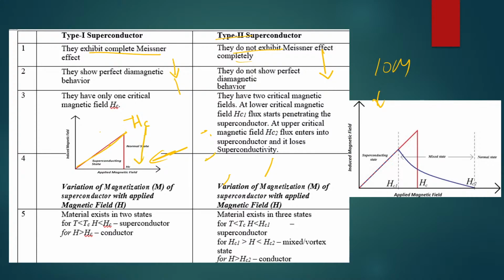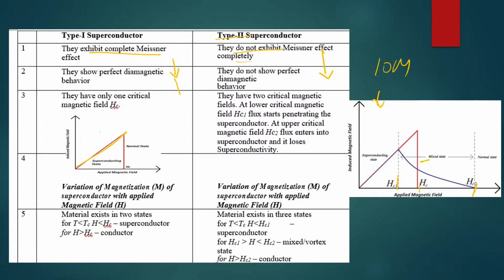Here you see that only one Hc value is here. That means only one Hc value is required for the superconductor to convert from the superconducting state to the normal state. Okay, so that is Hc, and here you see there is one Hc1, Hc2.